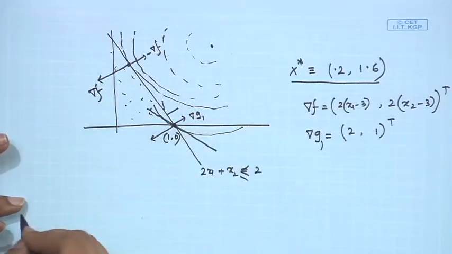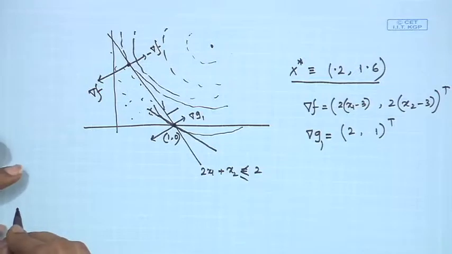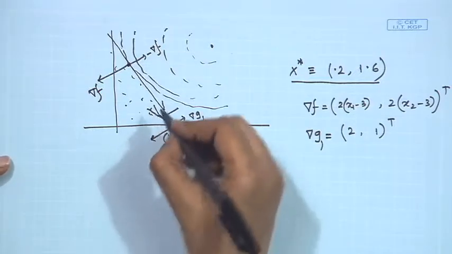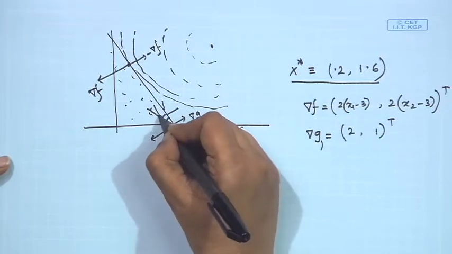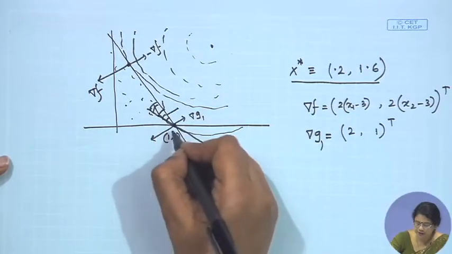Here we are having 3 constraints. What are the half spaces we are getting? Half spaces we are getting at this point, one from G1, one from G2 and one from G3, alright. And that is why we can say this is the feasible direction at this point.